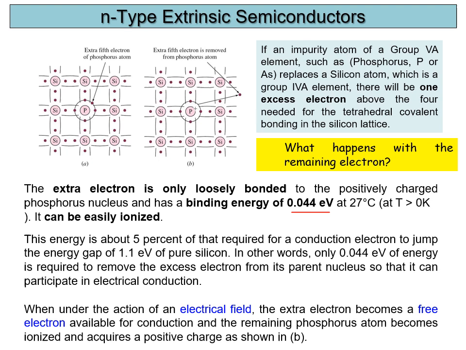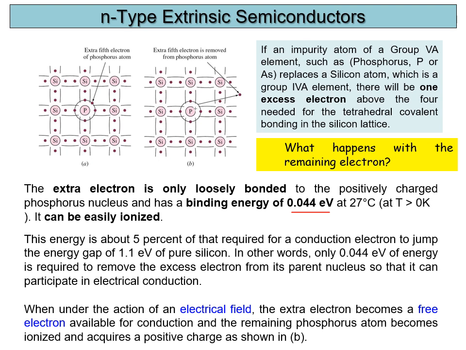So this kind of electron can be easily ionized or easily excited into the conduction band. This energy is about 5% of that required for a conduction electron to jump the energy gap of 1.1 electron volt of pure silicon.